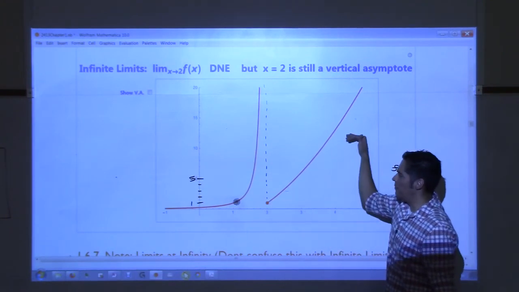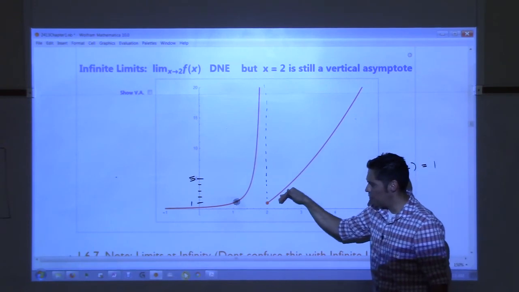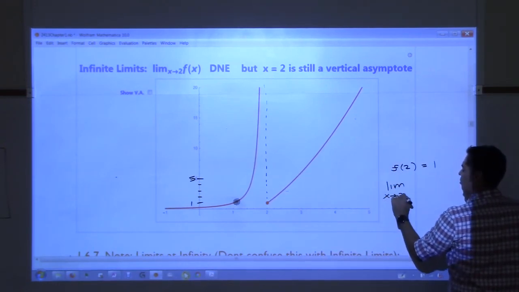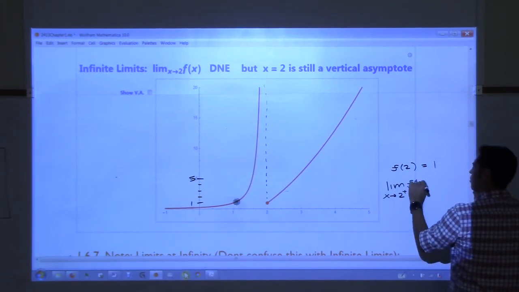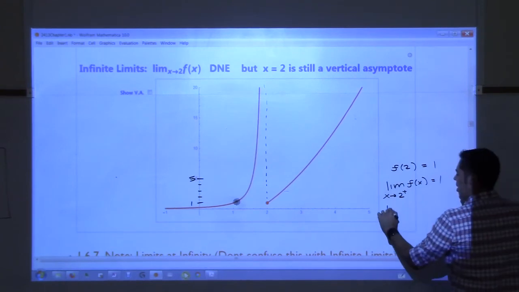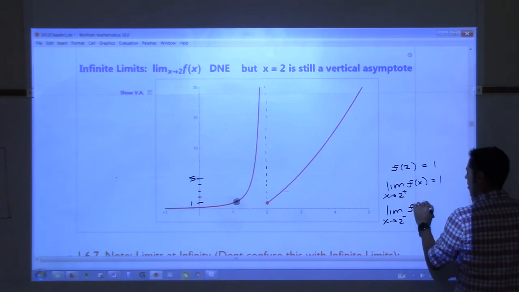What's the right-hand limit? 1, right? So the limit as x approaches 2 from the right of this function is 1, right? Now, what is the limit as x approaches 2 from the left of this function?